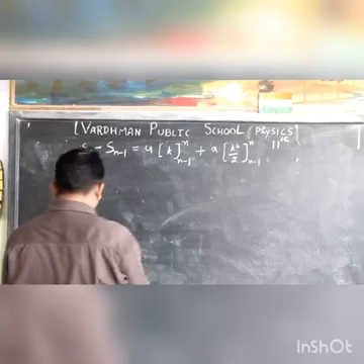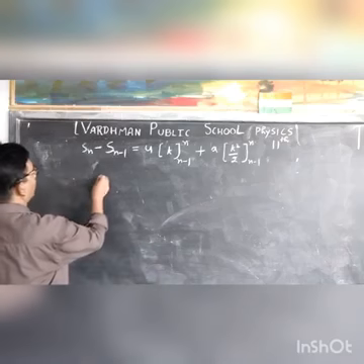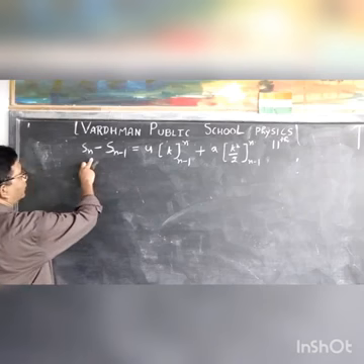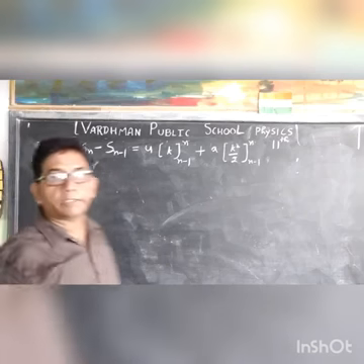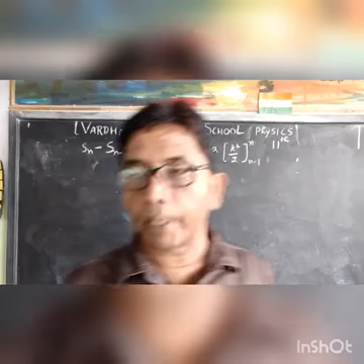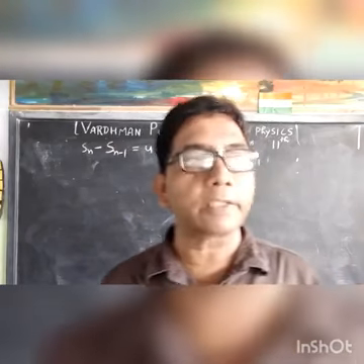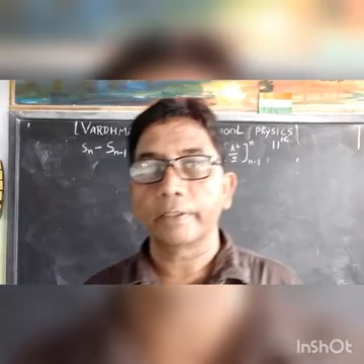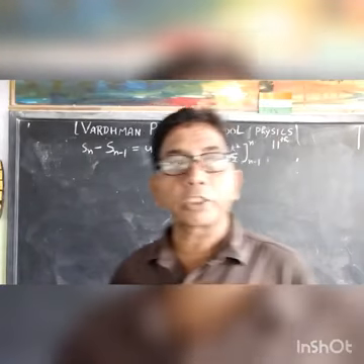Thus we can write Sn, distance travelled in n seconds, minus distance travelled in n minus 1 seconds, is equal to Snth, that is the distance travelled in the nth second.